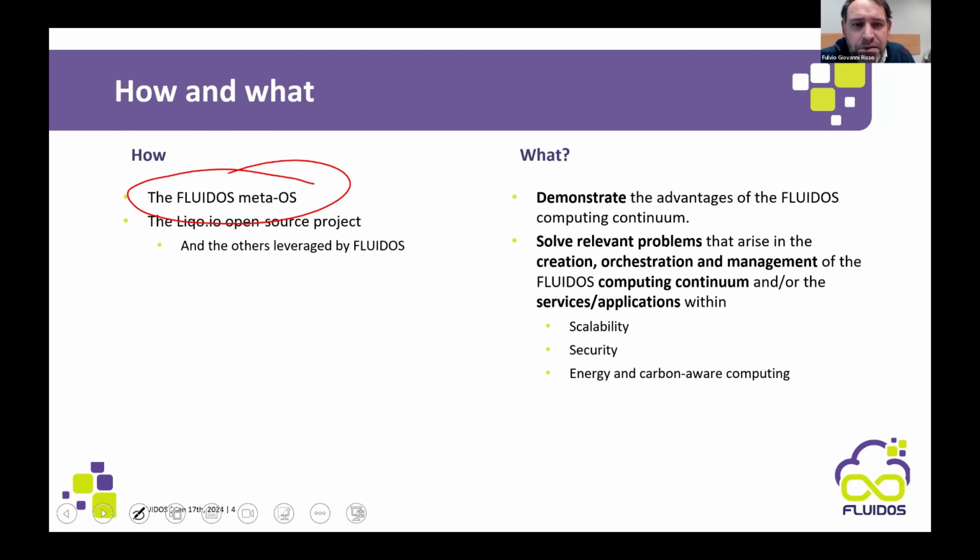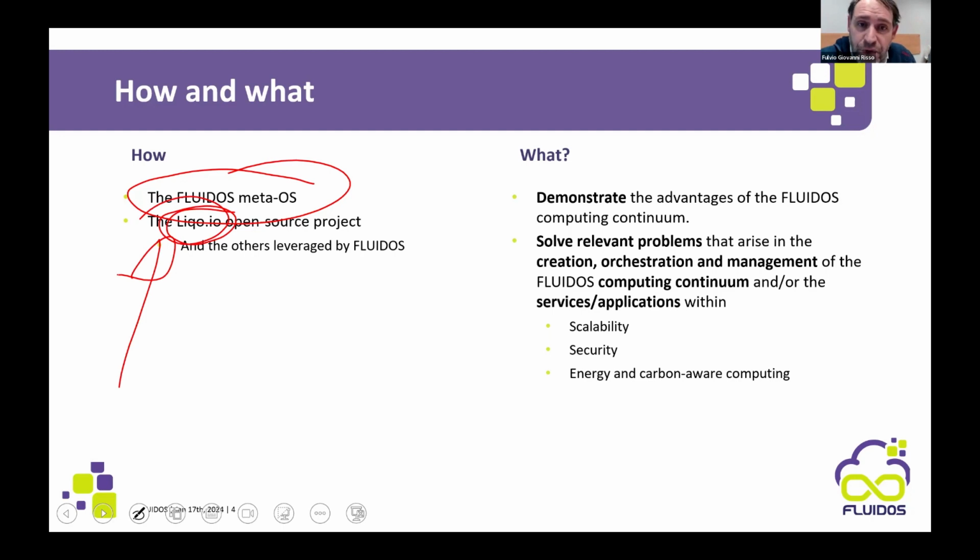But if you are interested in use cases, let's consider that the FLUIDOS project heavily leverages the Liqo.io project, which is the fundamental piece that we use in order to create this computing continuum. Then there are several additional properties that we are covering in our FLUIDOS MetaOS, but the basis is Liqo.io.